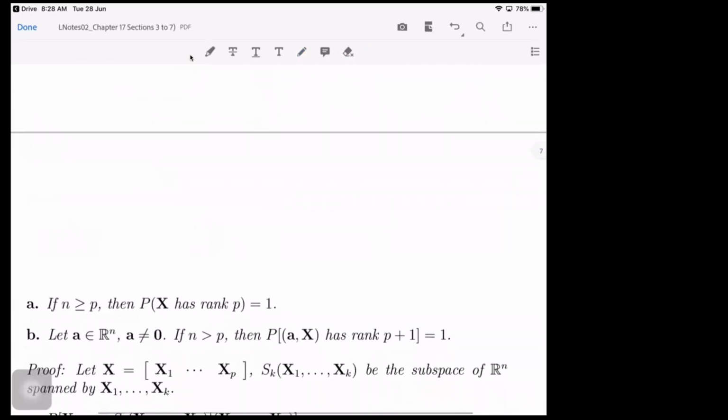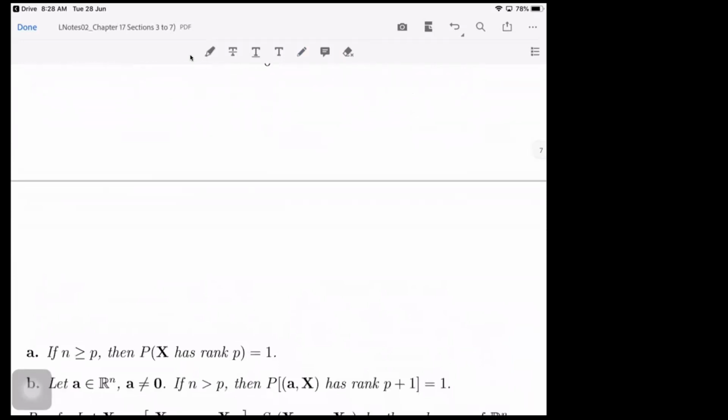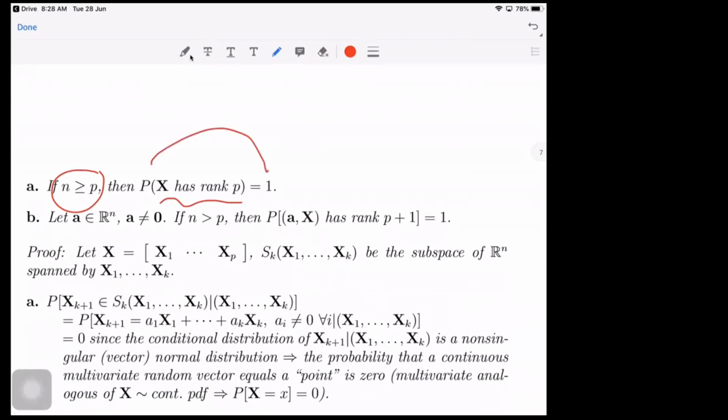So let's proceed now with these two results, which I have already also discussed. If this is satisfied, then we know that X has a rank of P, and that is almost surely, or with a probability equal to 1.